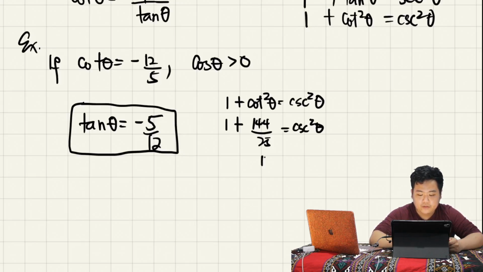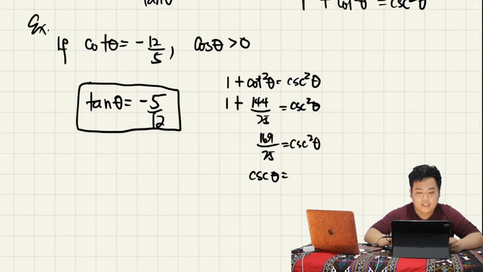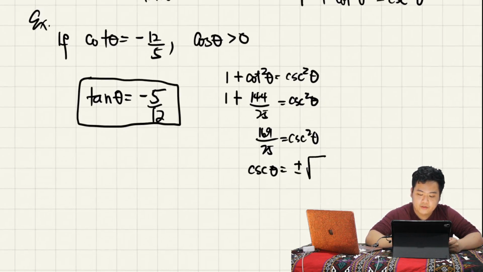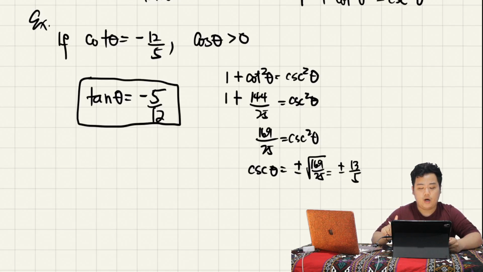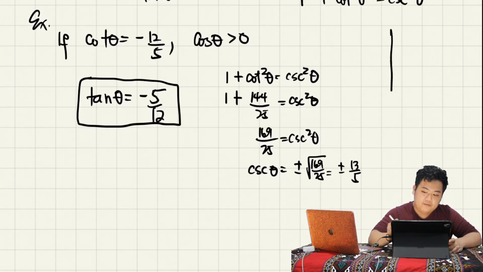Pag pinag-combine into one fraction, 169 over 25 cosecant square theta. So, cosecant theta is equal to, take note, plus minus ulit. Plus minus square root of 169 over 25. So, 13 over 5. You have to choose 1. Okay, isa lang dapat yan kasi ang cosecant function, so isa lang nilalabas ng value. So, ang tanong, paano mo kaya pipiliin yun? You can actually use the all syntacco again. So, powerful yung all syntacco.